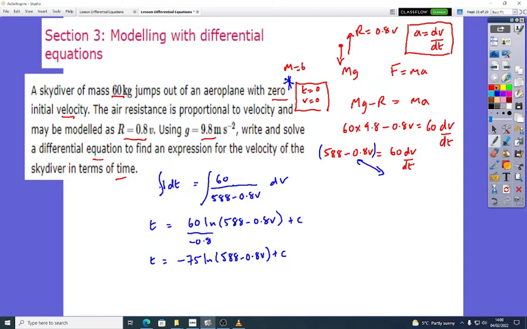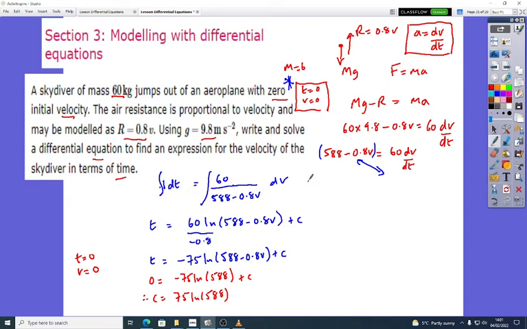When t equals 0, v equals 0 because the initial velocity is 0. So that's 0 equals minus 75 ln of 588, since something times 0 is 0, so that's just 588. Normally you put a modulus around there, so don't worry about that. If you have put a modulus, that's all good. And that is plus C. Now you can take that to the other side, therefore C is equal to a positive 75 ln 588.